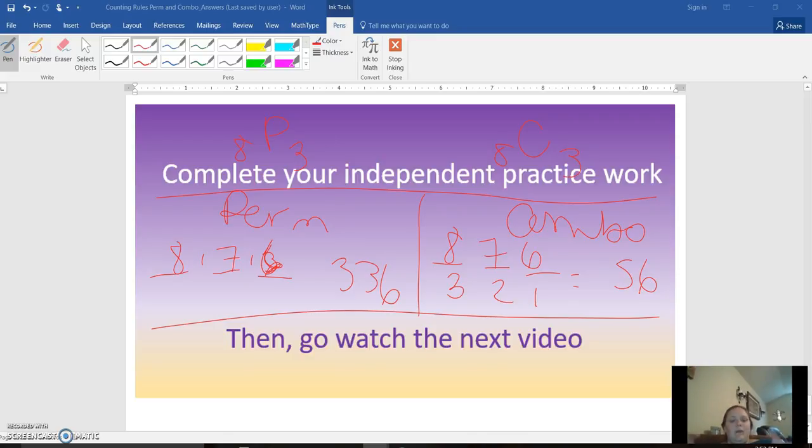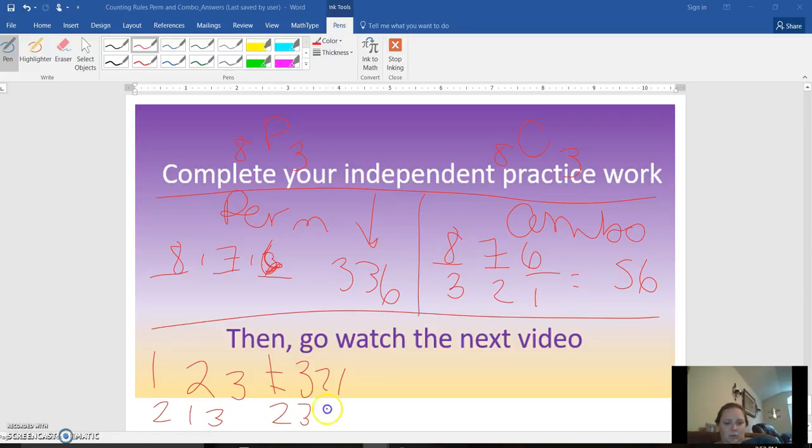So I want to discuss really quickly why permutation has so many more choices than combination. In permutation, the numbers 1, 2, 3 is different than the numbers 3, 2, 1. And so I count those twice. Just like I would count 2, 1, 3 different than 2, 3, 1.